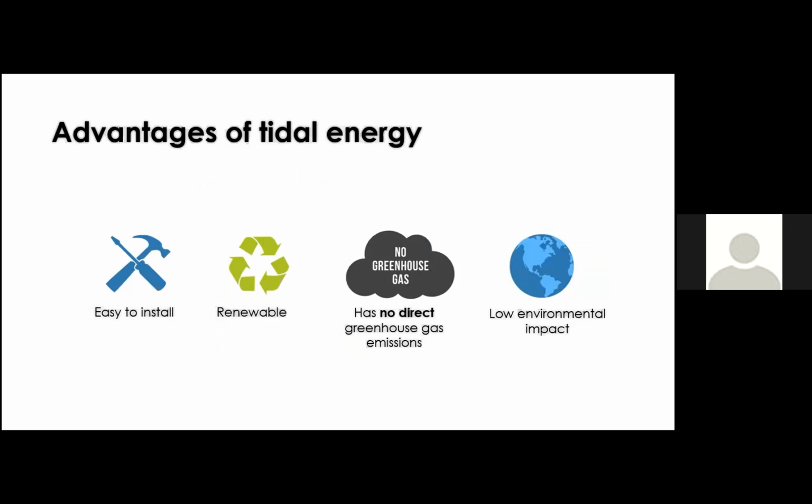You can predict the behavior of the tides with a little precision. And ocean currents generate relatively more energy than air currents because ocean water is about 800 times more dense than air, and therefore it applies a greater force on the turbine.